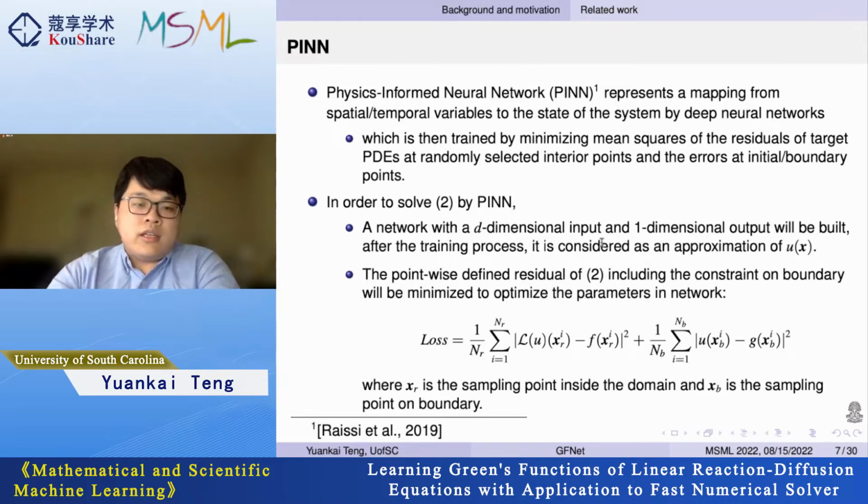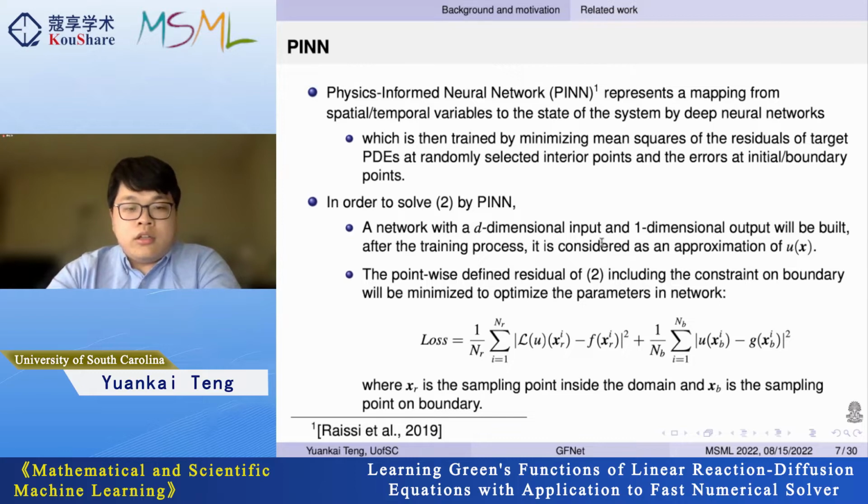So in this case, if we want to solve the linear reaction diffusion equations defined in equation 2, we can first construct a network with d-dimensional input and one-dimensional output. And after the training process, this network can be considered as the approximation of u.